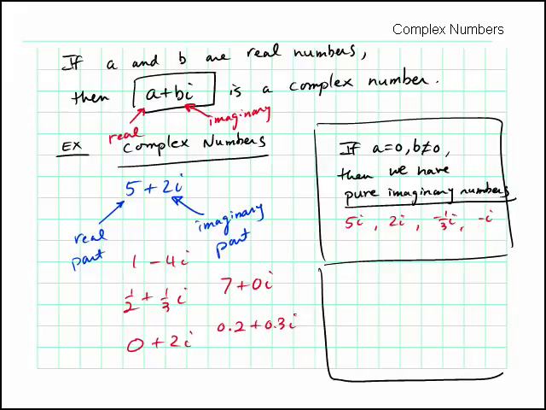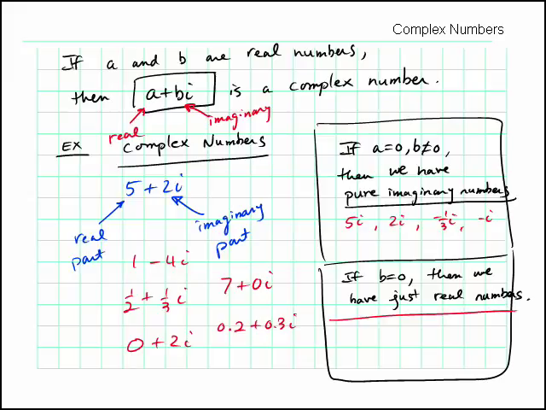If, on the other hand, b equals 0 instead, then we have just real numbers. For example, if the b is 0, something like 5 plus 0i, well, that's just 5. So that's just a real number. Or 1/2 plus 0i, well, that's just the number 1/2.